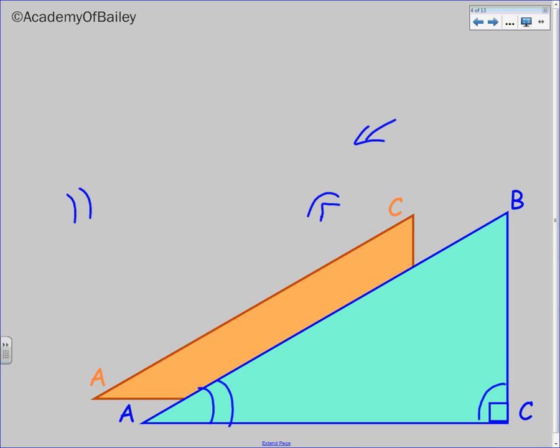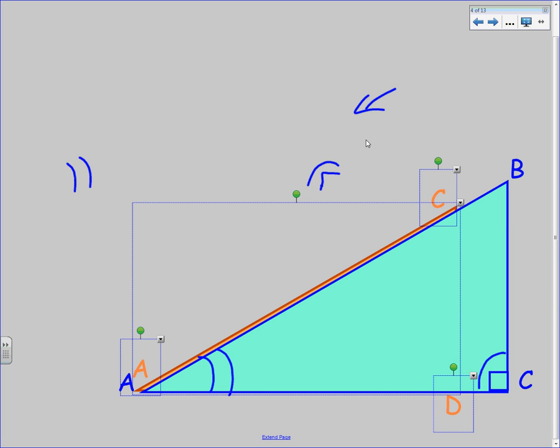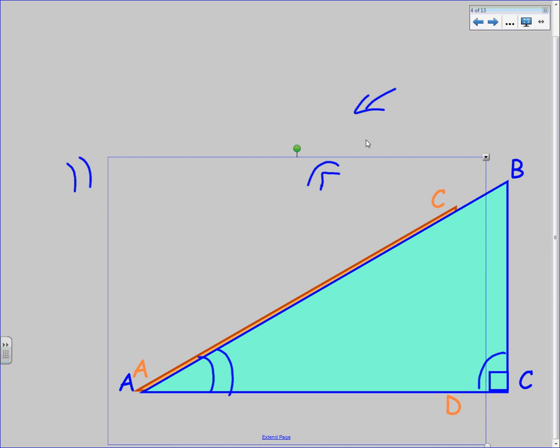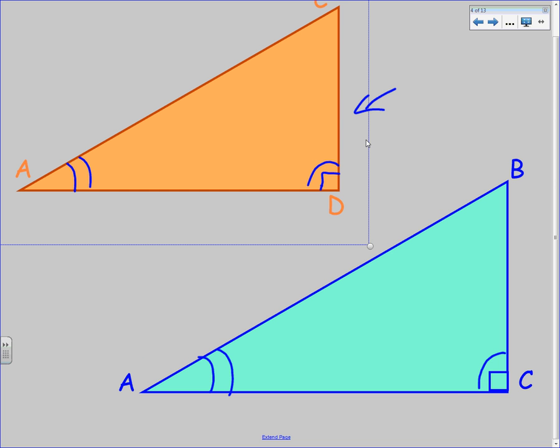Because remember, this one will sit down right there like that, and so that angle A would match the other angle A. And so now, what can you tell me about those two triangles? Well, you can tell me triangle ACD is similar to triangle ABC.